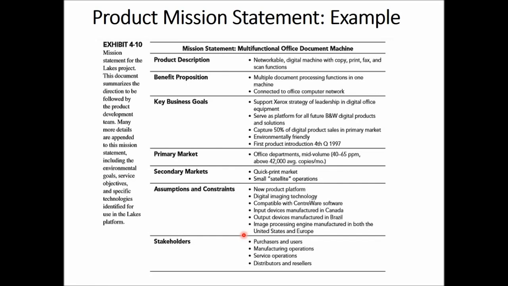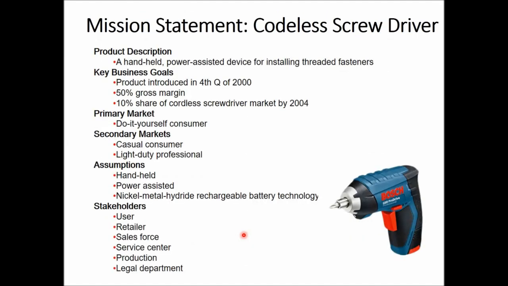So you'll have to first come up with the product mission statement, and based on that, you can develop various concepts that you could consider in getting this product done. This is a mission statement for a cordless screwdriver, for example. There are various aspects that you need to include under different topics. You can see here the product description, business goals, markets, assumptions, stakeholders, etc.